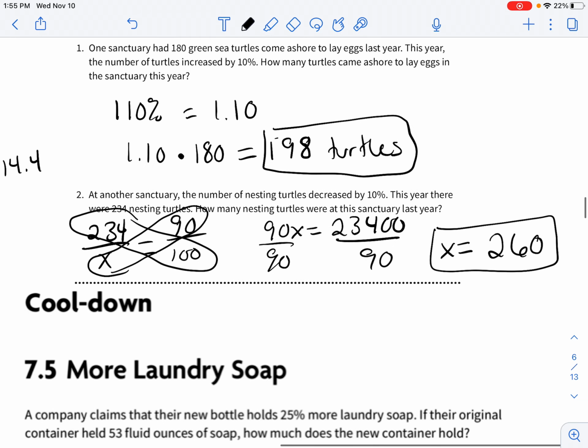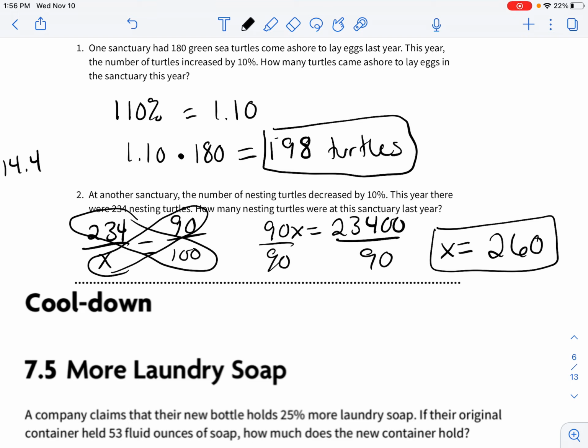Okay, likewise, the second one says at another sanctuary, the number of nesting turtles decreased by 10%. This year there were 234 nesting turtles. How many nesting turtles were there at this sanctuary last year? So now we're working backwards, so I'm using cross product. I know my part is 234, and that is equal to 90% because a decrease of 10% means it was 90% of last year's amount.